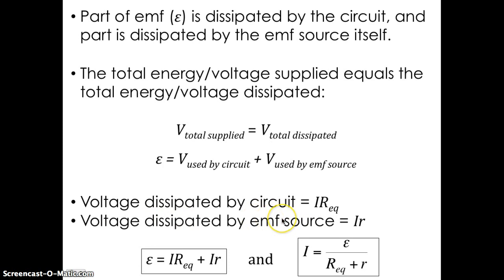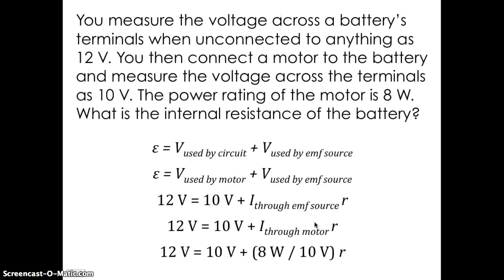So when you measure across the terminals of a battery and there's no current, the voltage dissipated by the EMF source is 0, and the reading you get is the total EMF. So 12 volts is the total EMF. Okay, we've got that number.